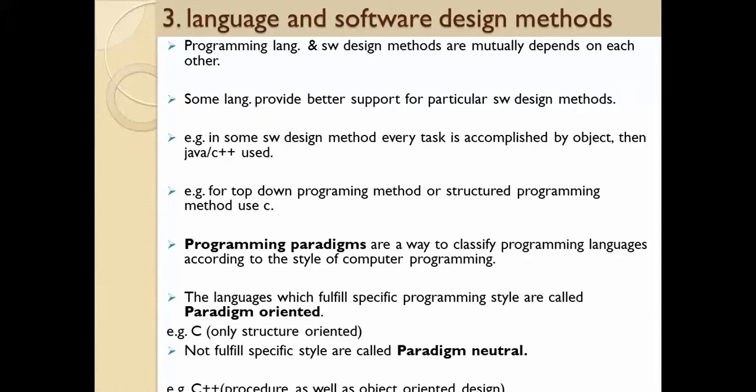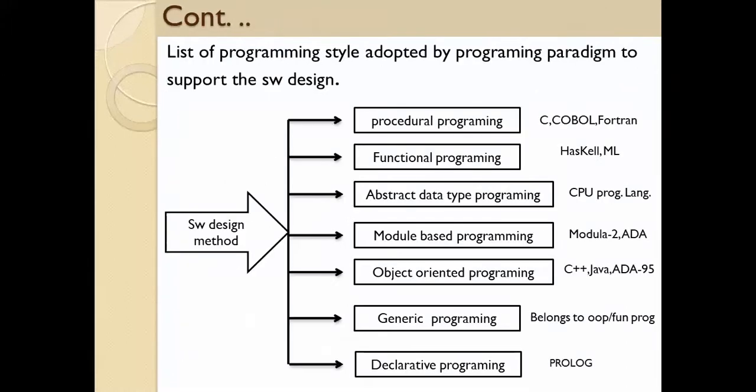Paradigm oriented is the language which fulfills a specific programming style, and the language which does not specify a particular programming style is called paradigm neutral, right? So this is the classification of the programming languages into different categories.